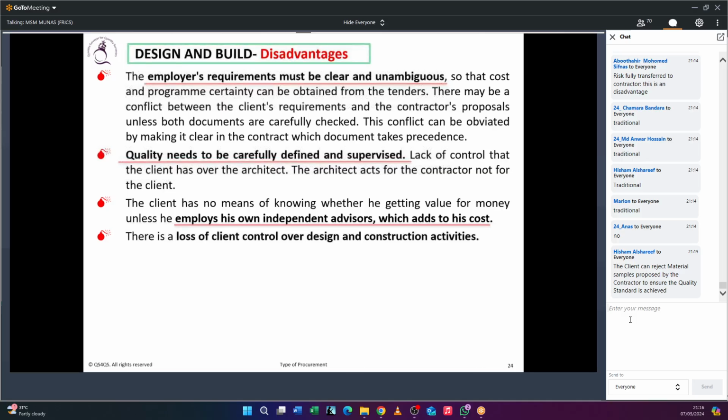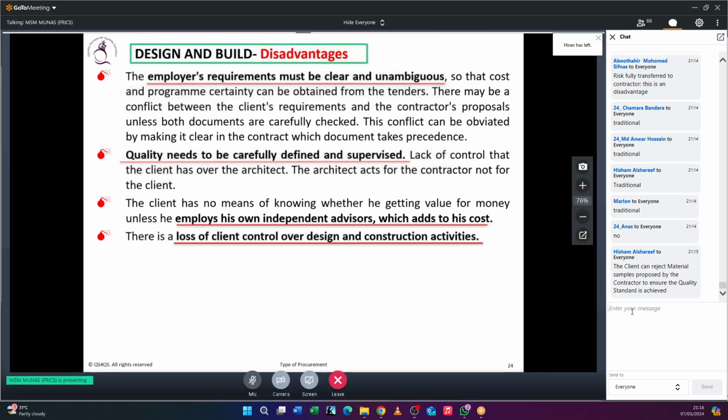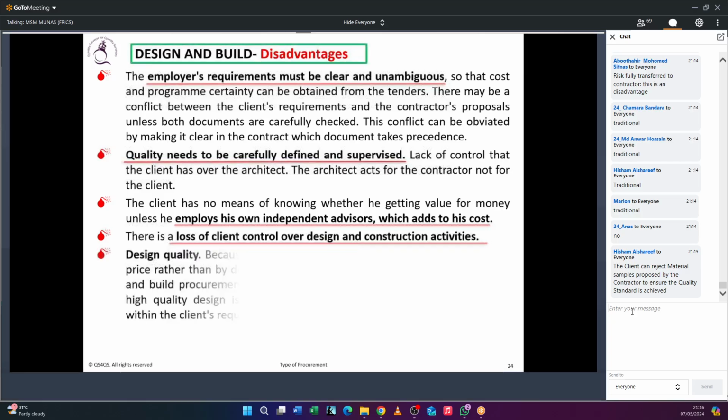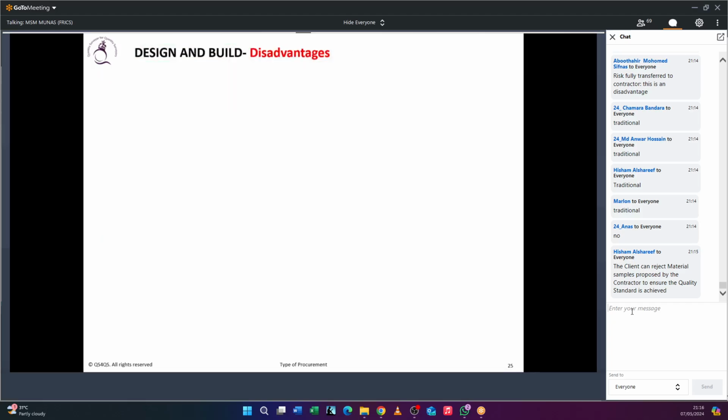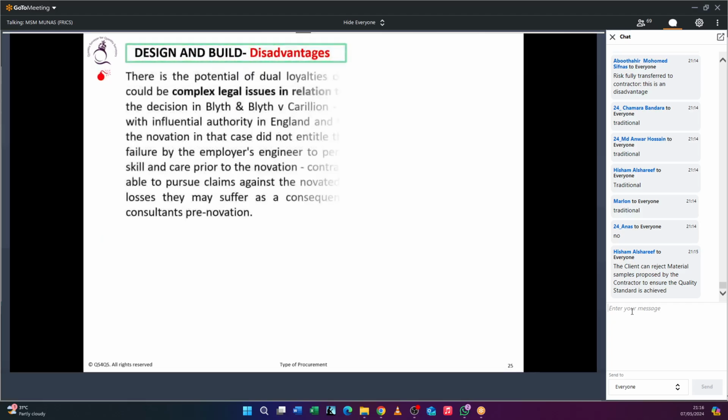And the client has less control during the post contract when it comes to design and construction. He can just watch what is happening. The employer will instruct the contractor only on what is agreed in the employer agreement. That's all. So design quality will be less compared to the traditional. So many disadvantages, right?